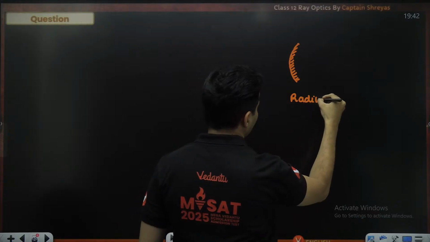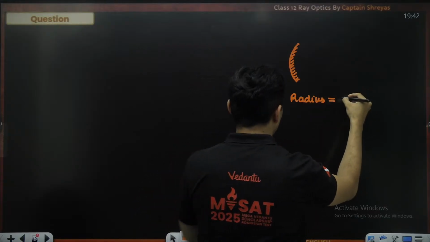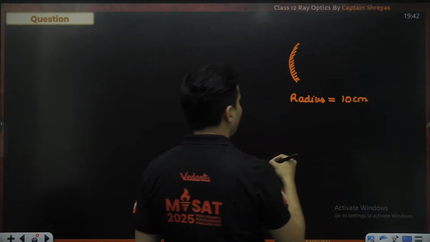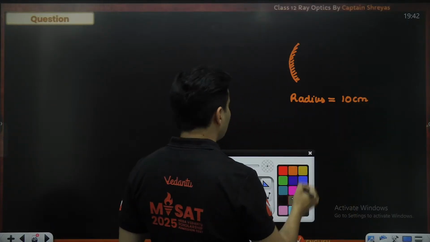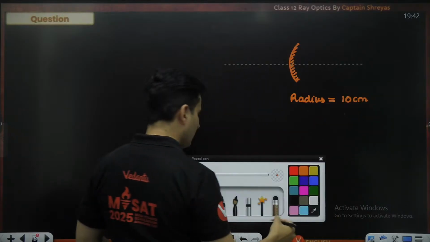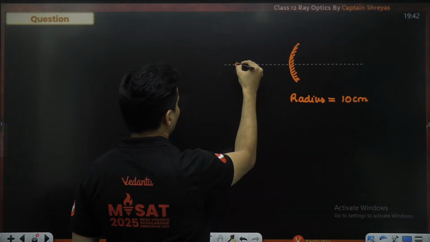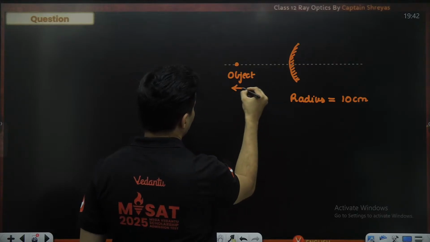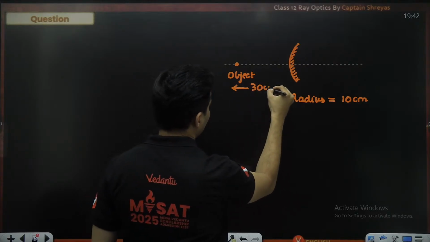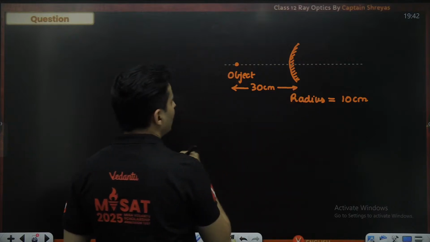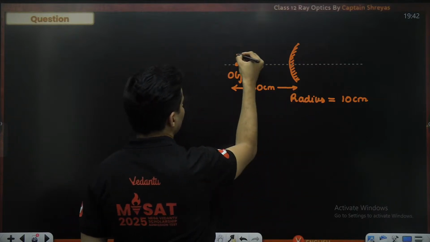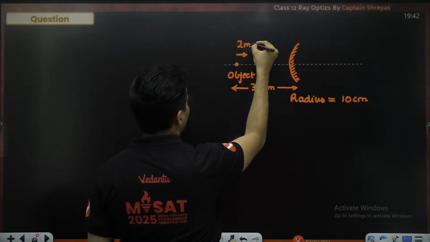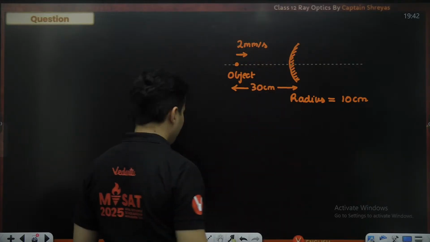Radius is, for example, 10 centimeters. Okay, and this is our principal axis. We have an object over here at a distance of 30 centimeters, and what is given to me, this object is moving like this at maybe 2 millimeters per second.